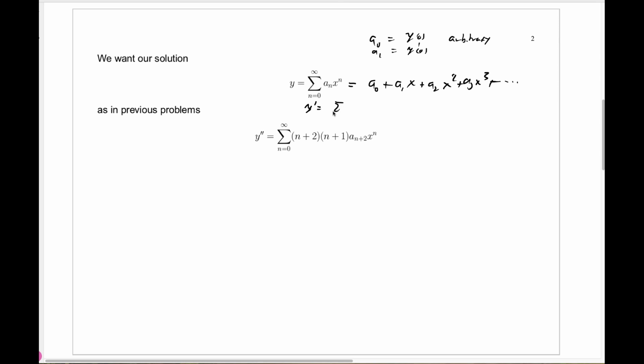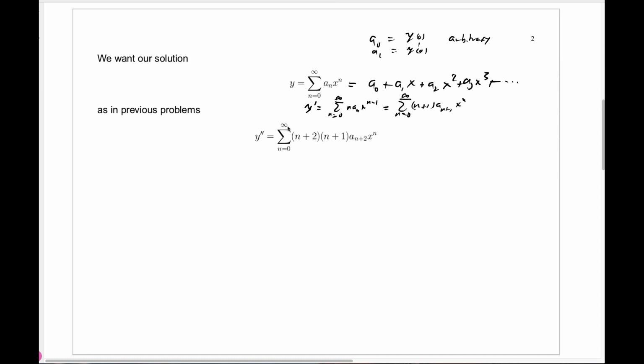In order to find how they depend on a naught and a1, we compute y prime, which is just the sum from n equals 0 to infinity of n a sub n x to the n minus 1, which after getting rid of the 0 term and then re-indexing, we get the sum from n equals 0 to infinity of n plus 1 times a sub n plus 1 x to the n.